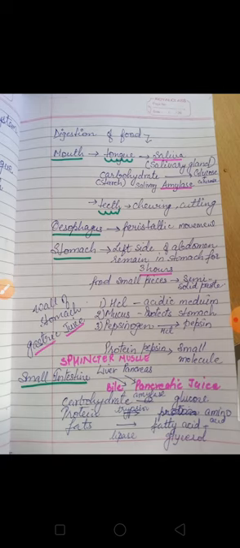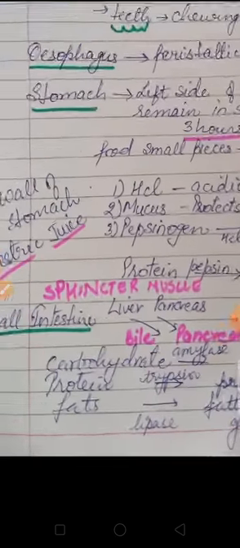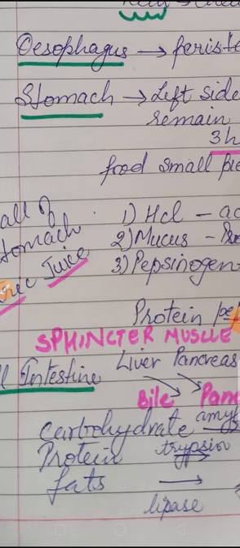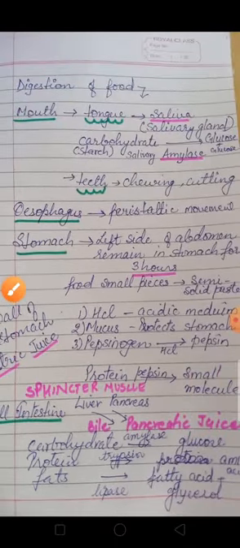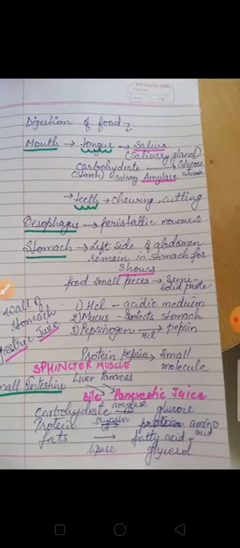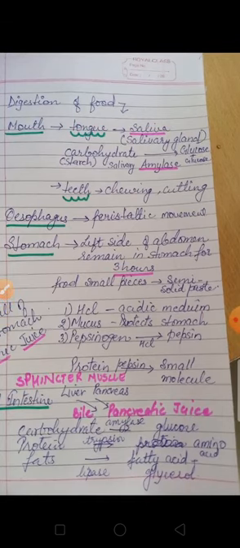Now, once the food enters into the small intestine, the three main components, that is carbohydrate, protein and fat, all of them will be digested into the simplest ones. Carbohydrate will be digested to glucose, protein will be digested to amino acids, fat will be digested to fatty acid and glycerol. As I told you, complete digestion is taking place.